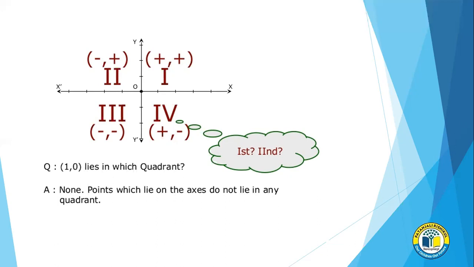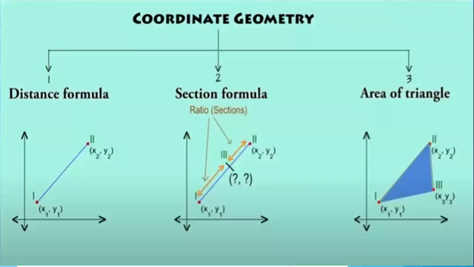Now, what we have to study: coordinate geometry for class 10 is divided into 3 different parts. In your class 9, you only studied the basic concepts. Here, we have been given certain formulas. First is your distance formula. When 2 points are given, then with the help of the points, we can find the distance between them.